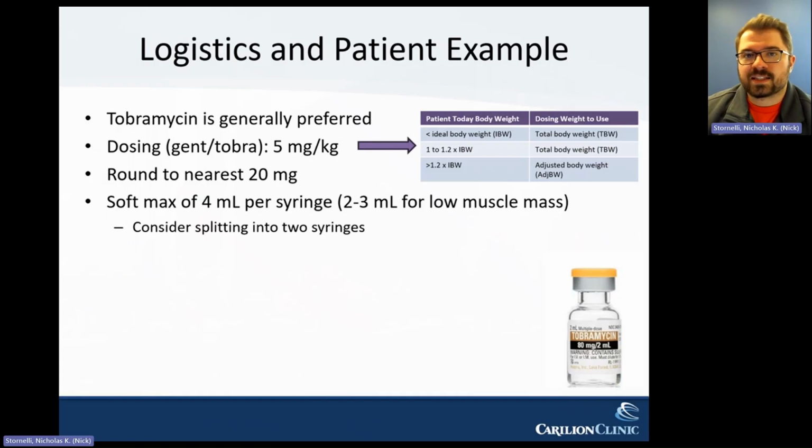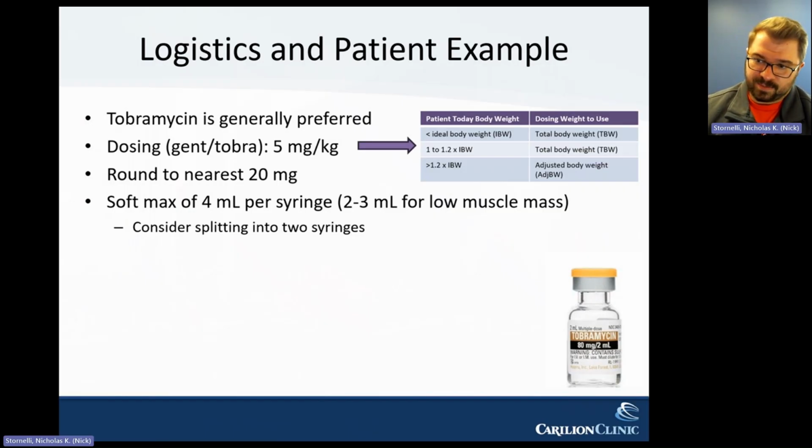We do have a soft max of about 4 milliliters per syringe. So you're going to want to instruct nursing staff, in the patient who is getting a dose of 320 milligrams, where you would be splitting 8 milliliters total into 4 mLs each, to get a 5 ml syringe to draw up 4 ml in each.